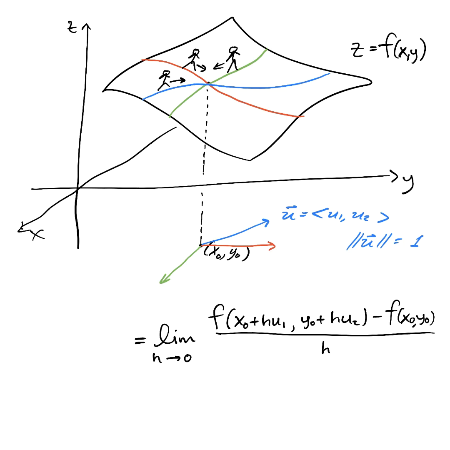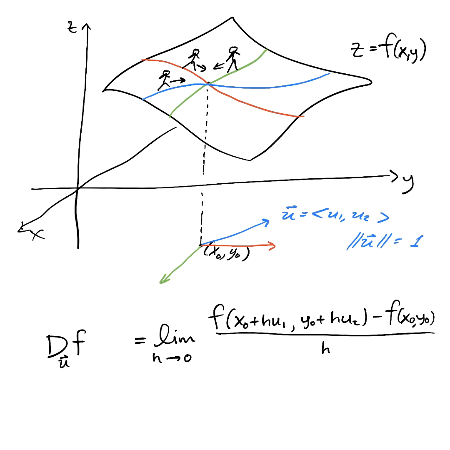The notation, okay, capital D for derivative. Subscript vector u, because that's the direction in which we're interested in the slope.